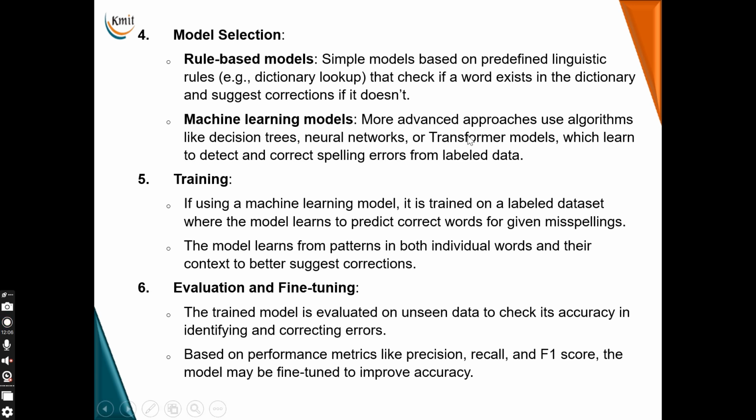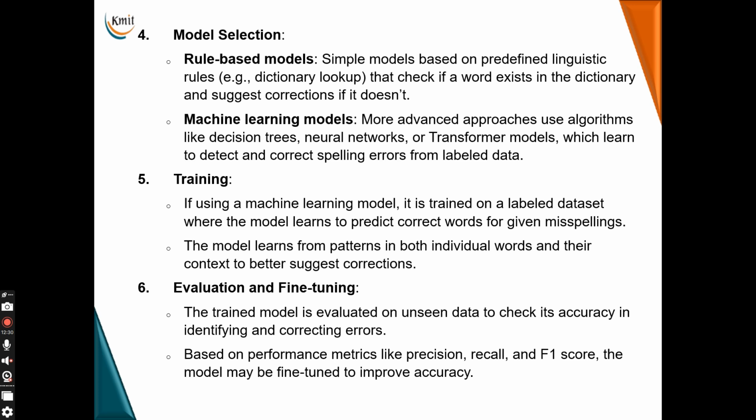Machine learning models: these are the advanced approaches which use all possible algorithms of machine learning, and it will try to learn more of the linguistics and more of the context, more of the spellings and more of the grammatical rules of various languages.